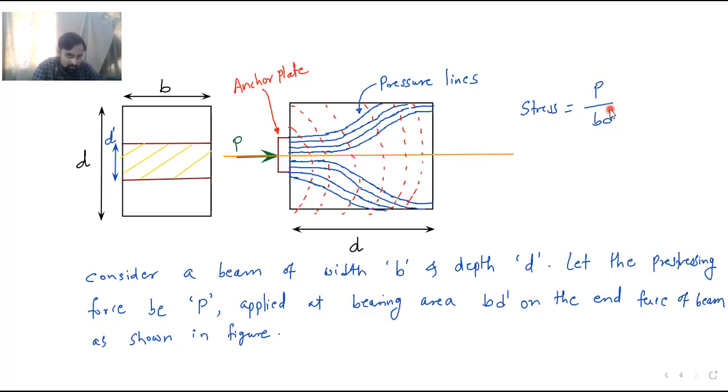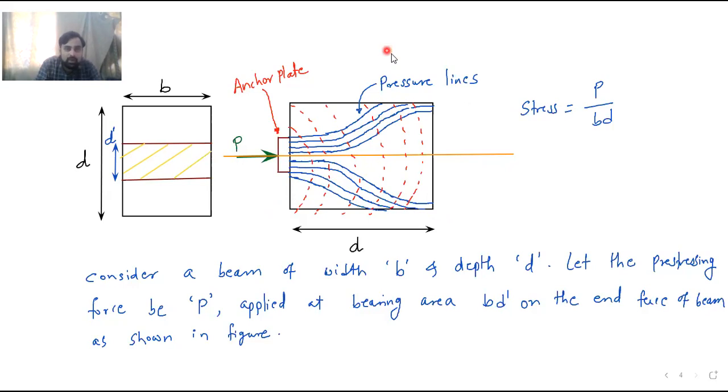But when research is done on this, it is observed that here the concentration of the stress is greater than P upon B D. That greater quantity will remain up to this point, and after this the stress is normal, which we can calculate by our formula P upon B D.